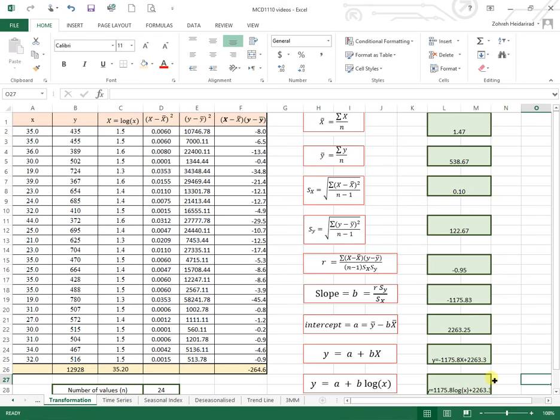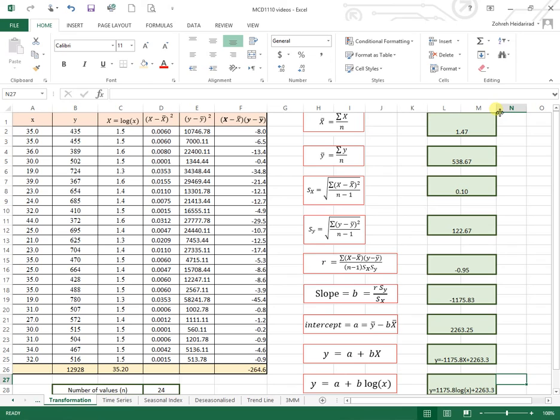So I have the function here. I can just change the width of that a little bit to have the whole here, or just use the wrap text. So it is the function here that we can use, is the equation that we can use in order to find the predicted y values when x value is given. Just here I type the b log x first and the a at the second to show you it doesn't matter which one is first and which one is second, because we have addition here.